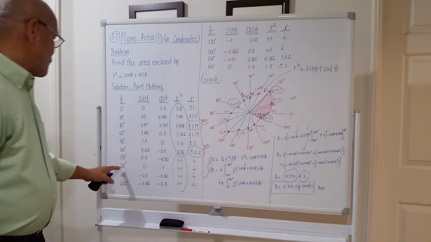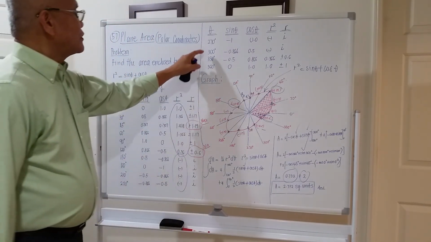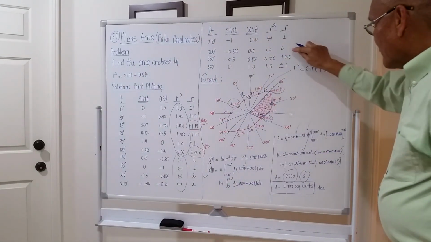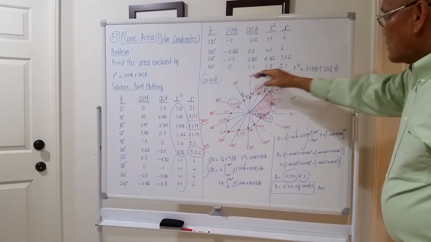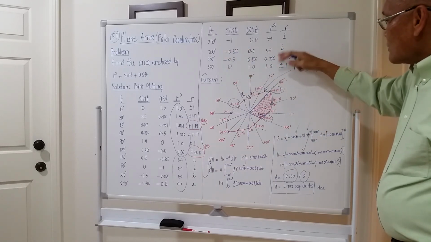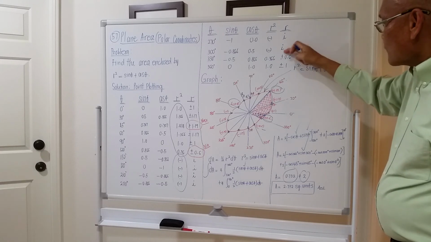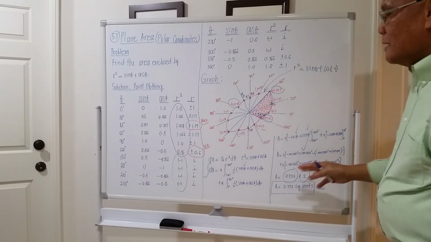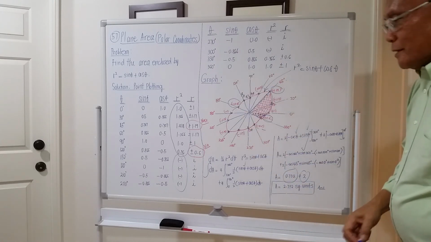That is from 150 to 300. The radius from those angles are actually imaginary. But as we go from 330, the radius points are again coming out. It's plus 0.6 and plus or minus 1. So actually, we got a good graph by using point plotting.